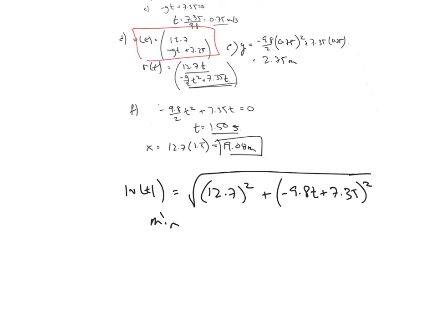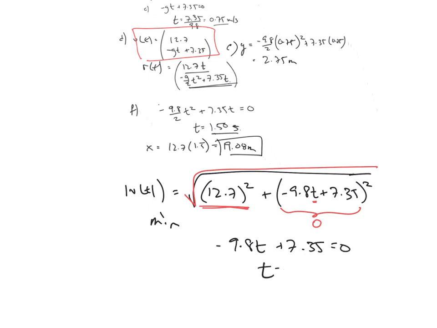The 12.7 part is fixed, so it's the part with t that changes. If I can get this value to be 0, then the entire calculation is as small as possible. So I set negative 9.8 t plus 7.35 equal to 0 and solve for t.